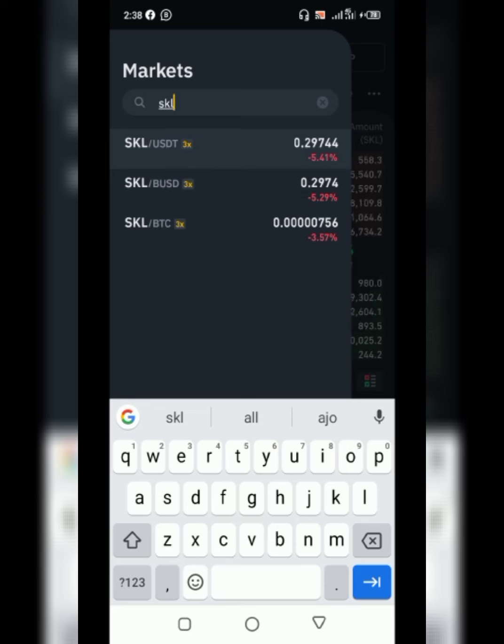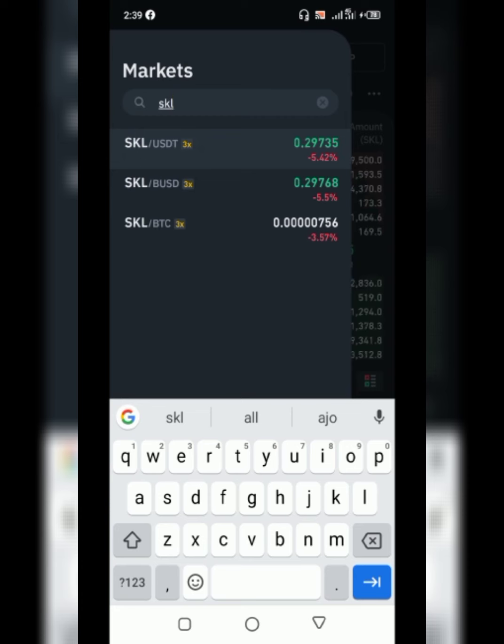You can only trade it against these 3 listed coins. SKL can be traded against USDT, against Binance USD, which is a stable coin, and also against BTC. And the unit you are seeing here is its value against the coin we are trading it against.